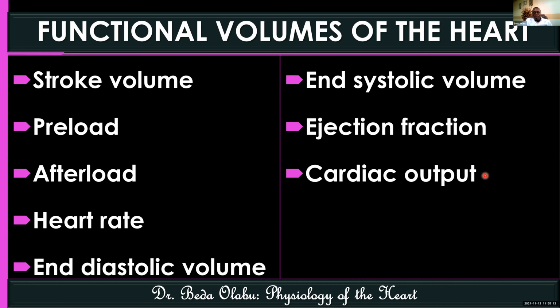If you want to know the mathematical relationship, if you want to calculate cardiac output, we can say that cardiac output, CO, is equal to stroke volume, the volume pumped out in a single contraction, multiplied by heart rate, the number of contractions in 1 minute. So cardiac output is equal to stroke volume times heart rate.